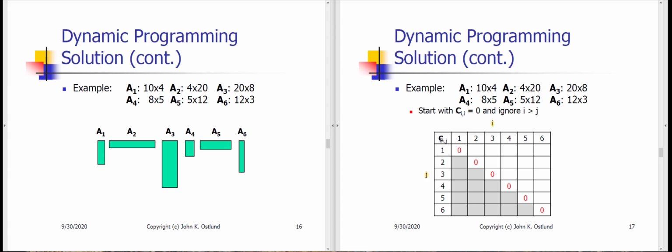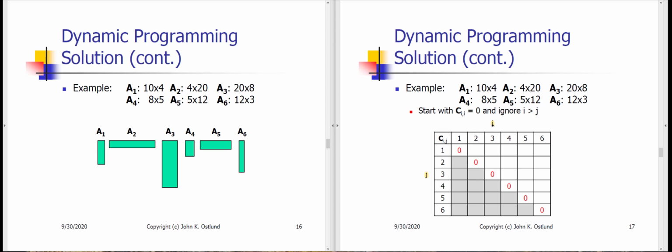So the c sub i's go 1 through 6, and the sub j's go 1 through 6, and we're going to not fill in any of this part of the matrix where the i is greater than the j.